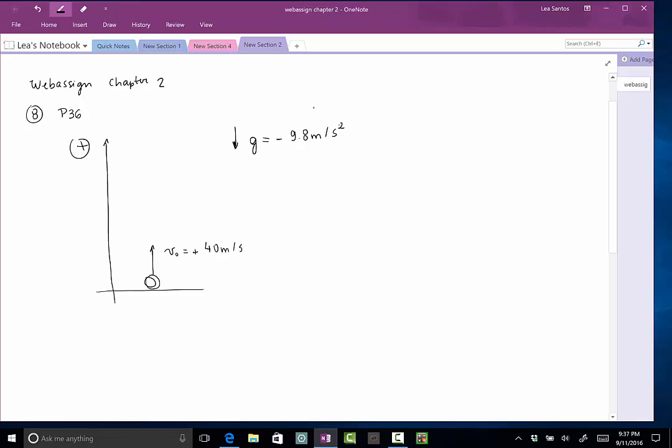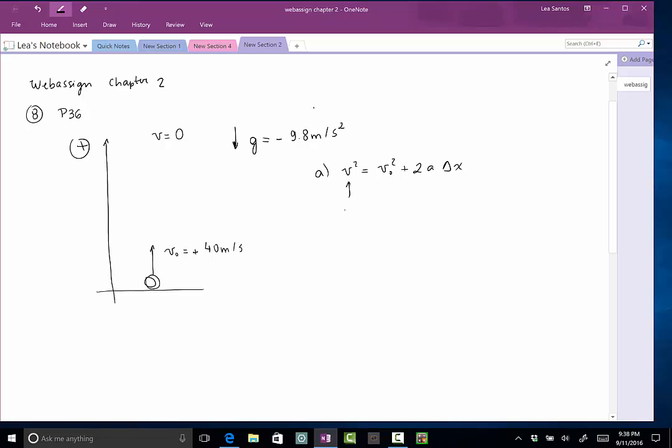All right, the question is, how high does it go? We know that this baseball keeps moving until it stops. So how high means how far up does it go until it stops, until its final velocity becomes 0. I have no information about time, so the best thing to do here is to use this equation where there is no time: V squared equals V naught squared plus 2a delta x.